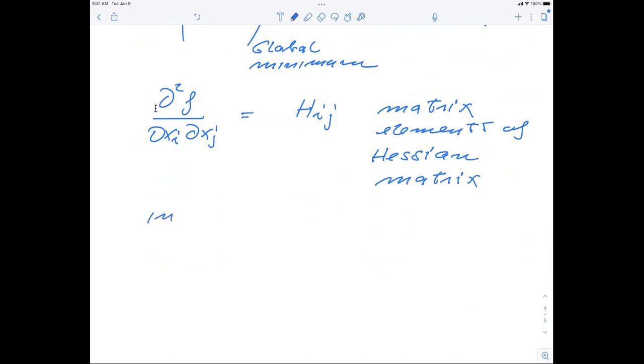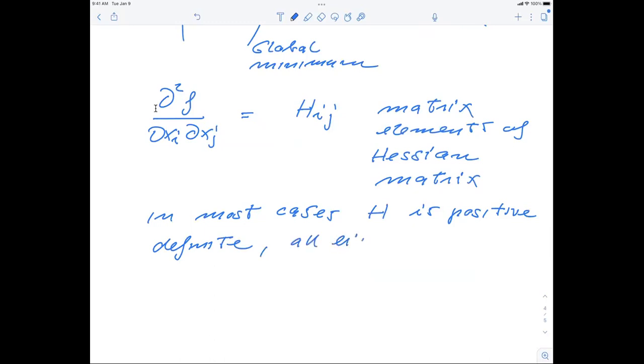So in most cases this matrix H, where the matrix elements are H_ij, is positive definite, which means that all eigenvalues of that matrix are larger than 0. If it's semi-positive definite, then the eigenvalues are larger than or equal to 0.